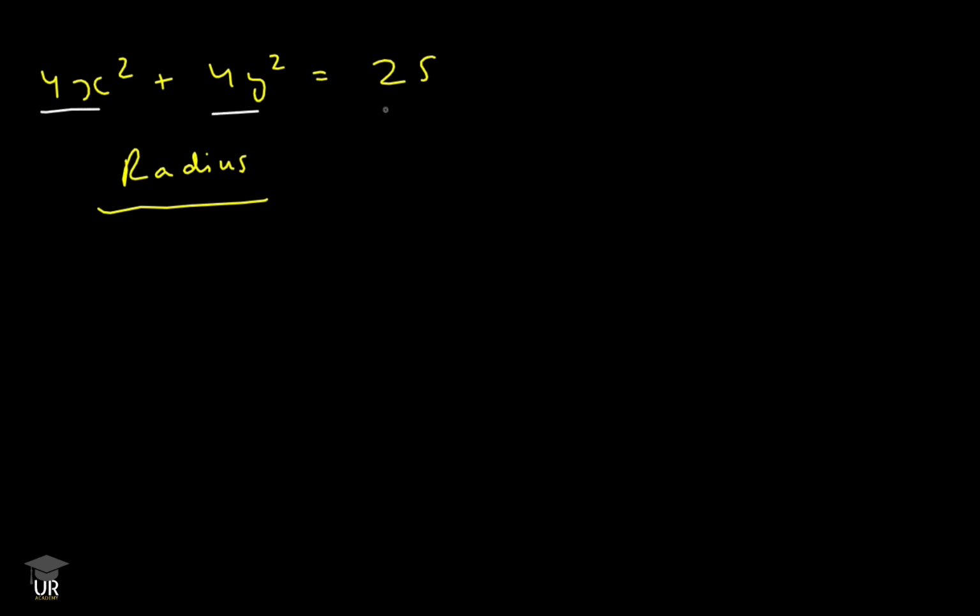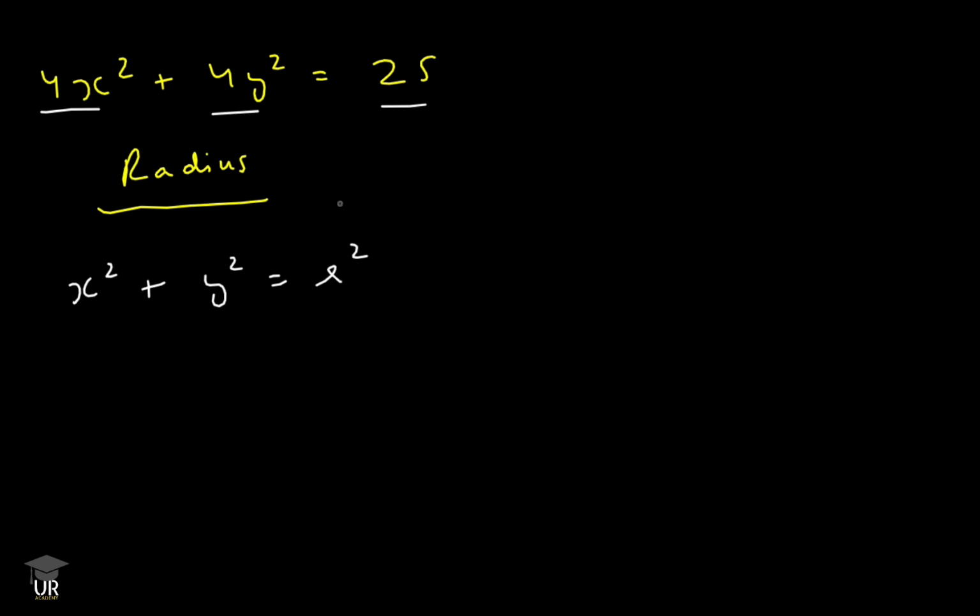Now again in this part, the equation is given, that is 4x square plus 4y square is equal to 25. Now what we need to do is that we need to find the value of radius. Now again look at the form. This form is similar to x square plus y square is equal to r square.